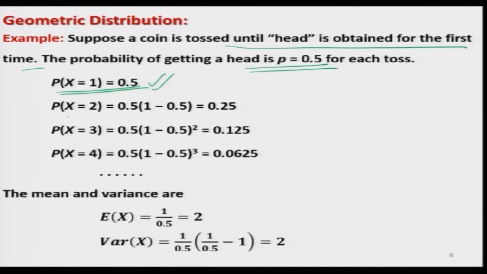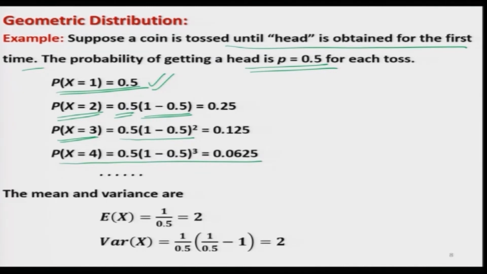If you want the probability of success in the second trial, it is the probability of failure in the first trial, 0.5, times the probability of success in the second trial, which is 1 − p, that is 1 − 0.5. Similarly, the probability of X equal to 3 is going to be 0.5 × (1 − 0.5)^2, and similarly for X equal to 4 you can obtain the similar probability. This is what we mean by the geometric distribution.